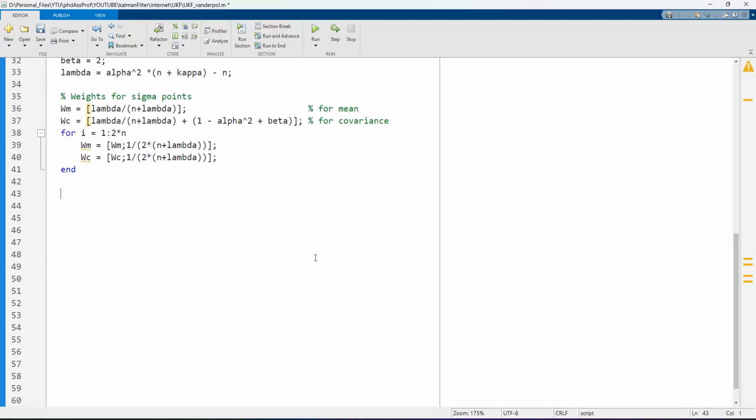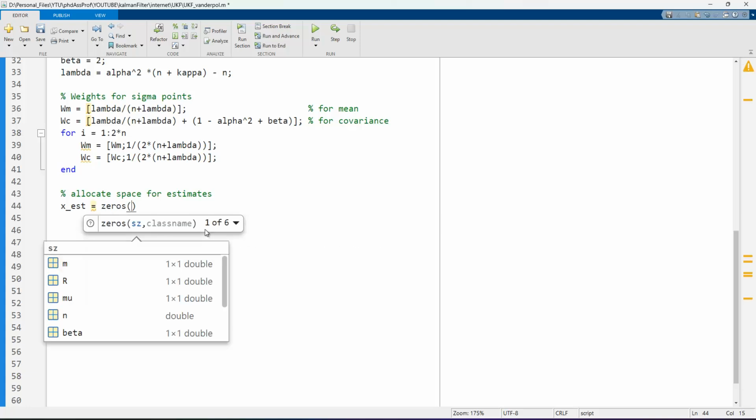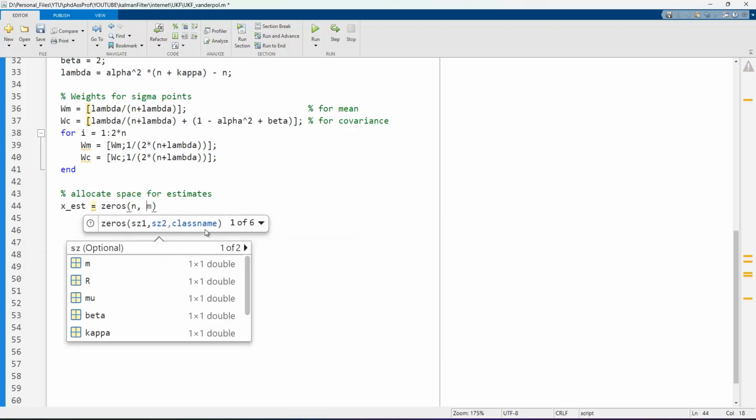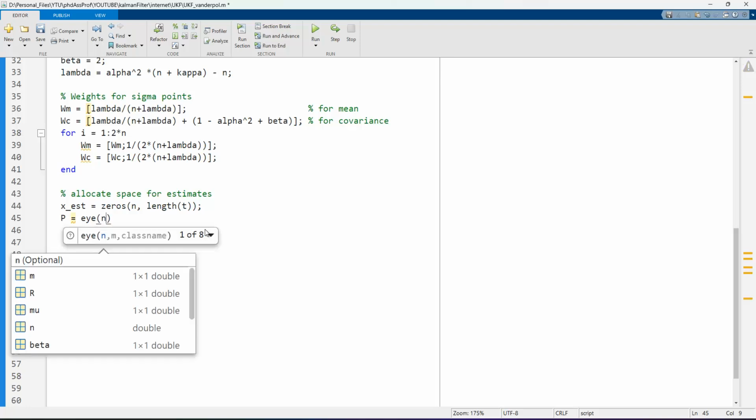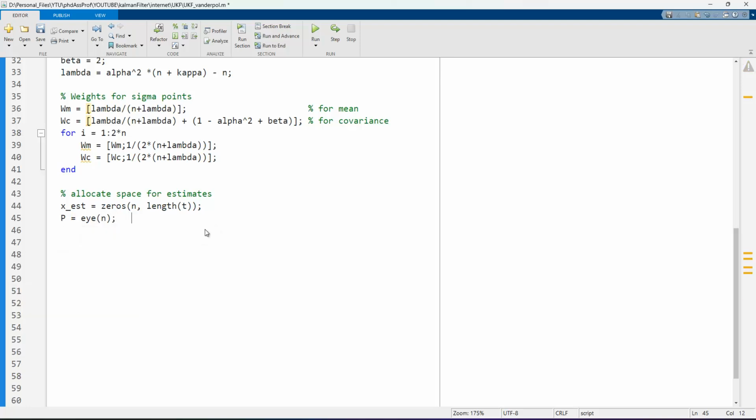Okay, so we need to allocate the space for estimates. We need to keep in this position xs, the estimation value or the hat value, zeros, and length t. Okay, and P is the covariance matrix, identity n. Okay, we initialize the covariance matrix. Initialize state covariance and also estimated state.